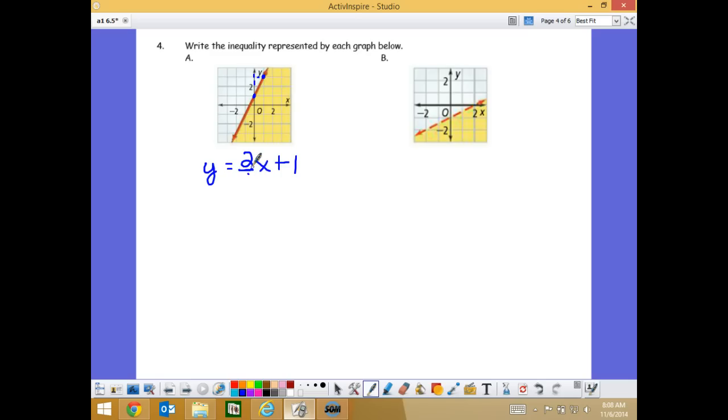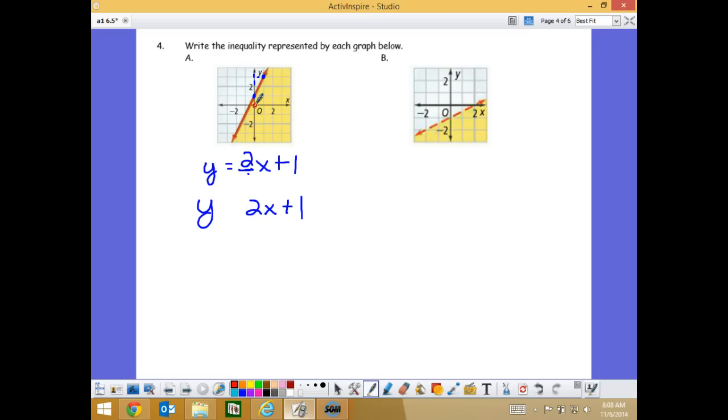Now, we're not interested in that equation, this is an inequality, so we need to determine which inequality symbol needs to go between the y and the 2x. So what we're going to do is pick a point that's in the shaded region.